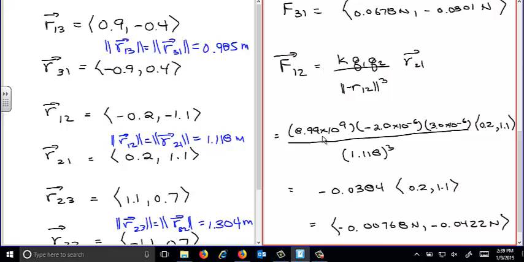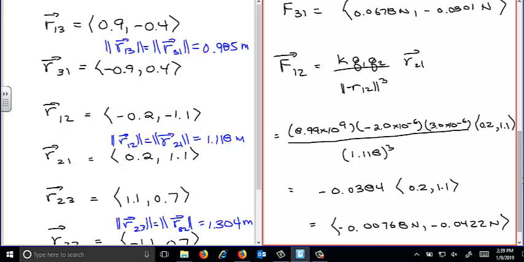Q1 is negative, Q2 is positive. The R21 vector is 0.2 comma 1.1. The distance is 1.118 meters. So if you multiply those four numbers together, you get negative 0.0384, and then you multiply that by each component. So this times that gives you that, this times that gives you that.